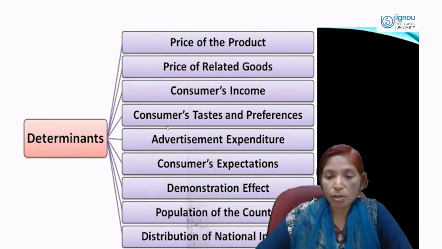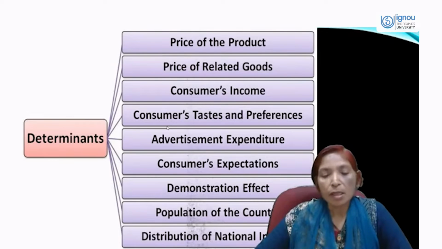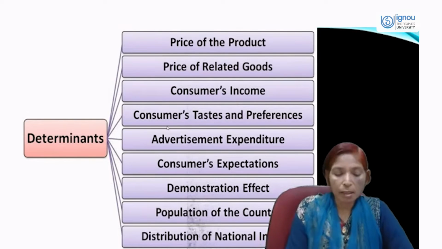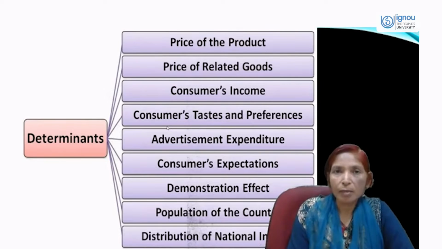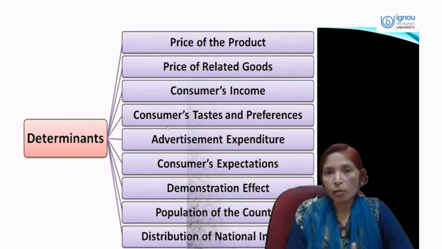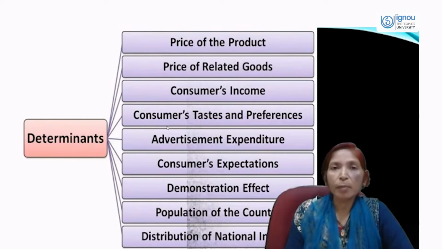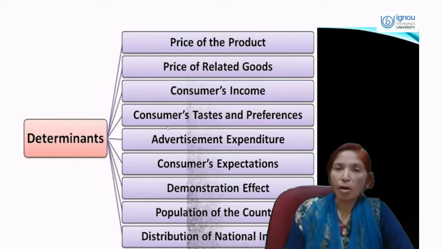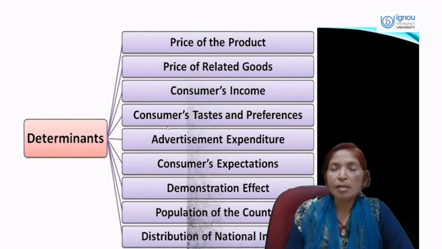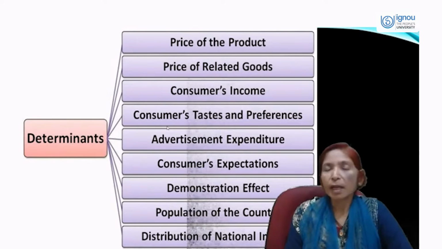Next is distribution of national income. Distribution of national income means if the government distributes national income among the country's people equally, all the people will get the same level of income. Their purchasing power will also remain the same and their demand will rise.